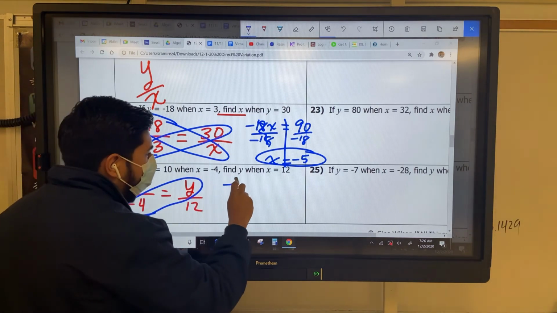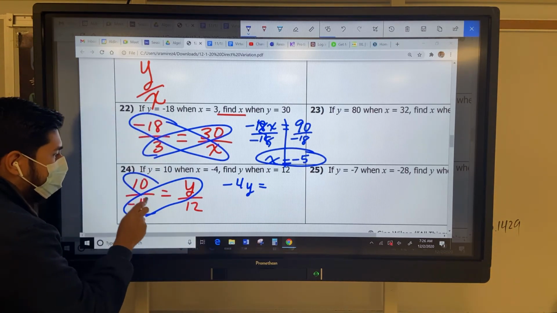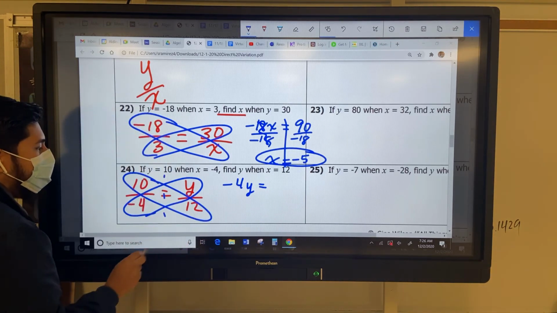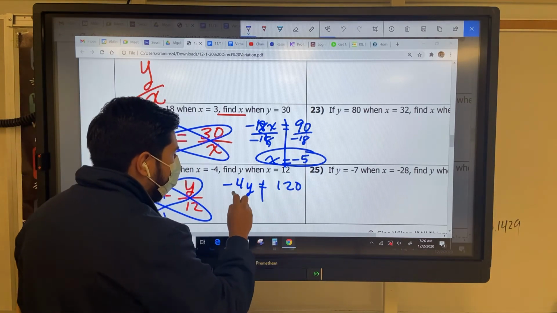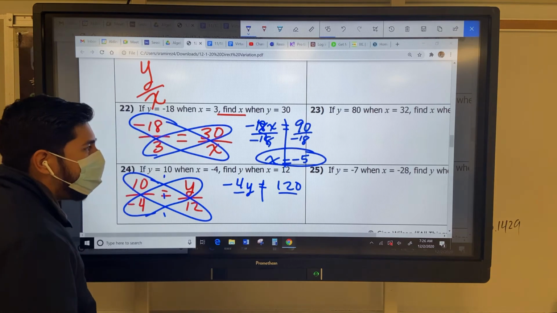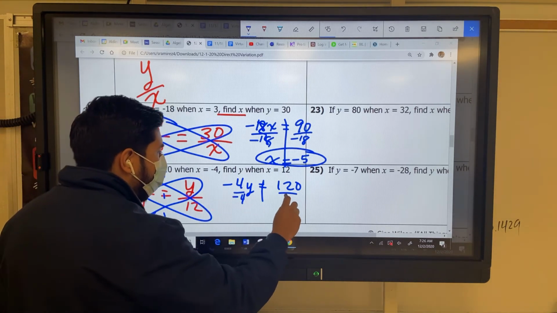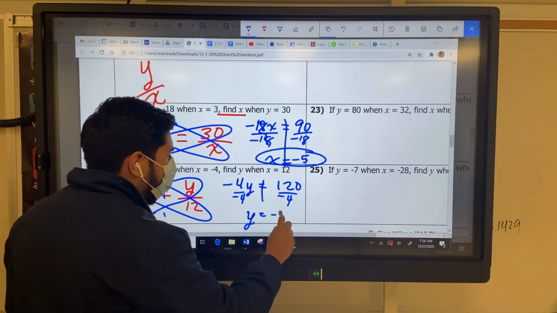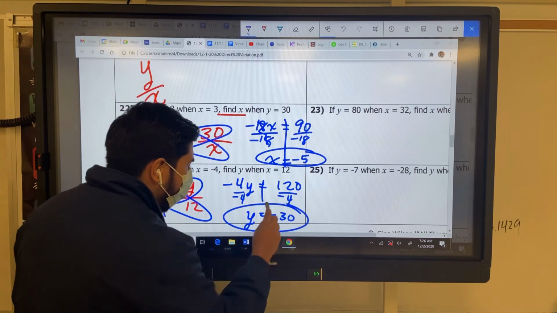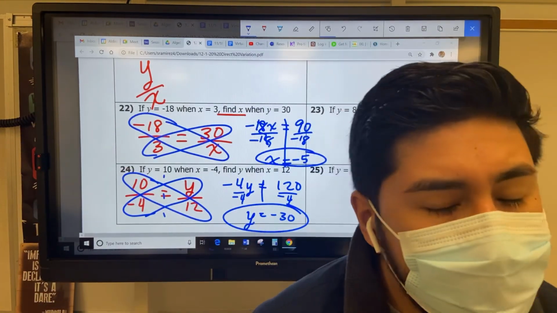Negative 4y equals 10 times 12. Butterfly. 120. And then divide by what number? Number in front of the variable, which is negative 4. Y equals negative 30. So, try 23, 25 by yourself.